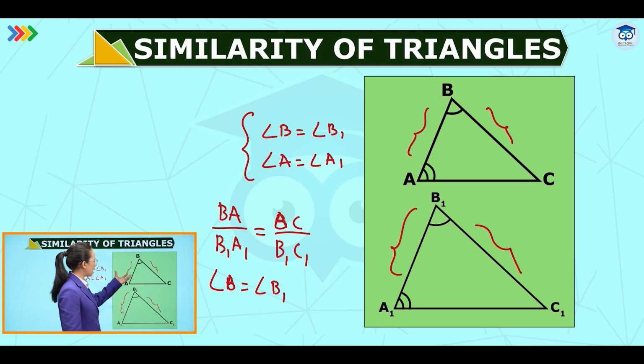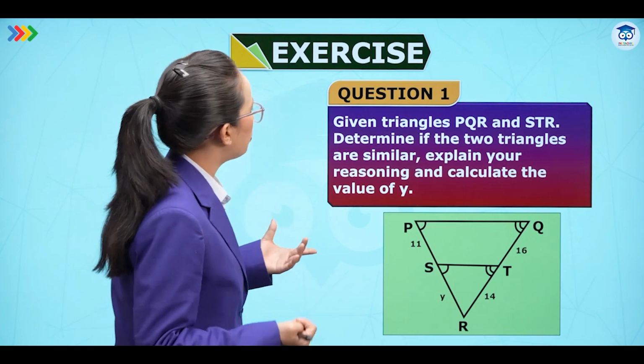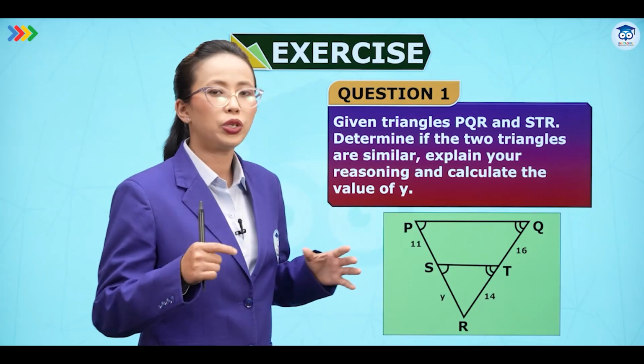Also, if all the sides' ratios are equal, then we can say that the two triangles are similar. Now let's solve a few sums based on what we have learned.